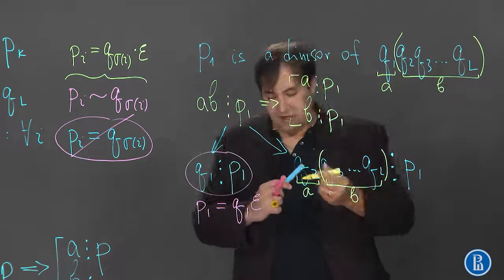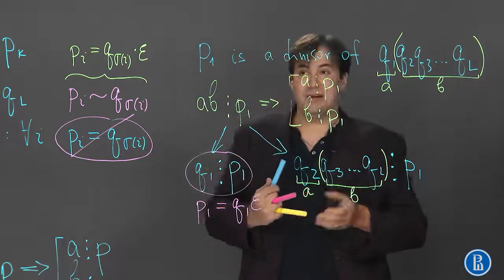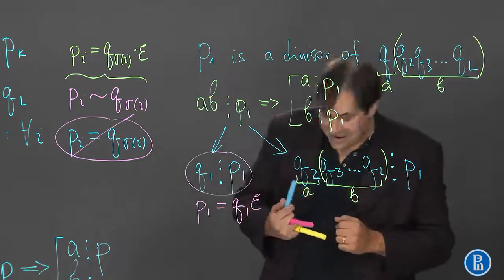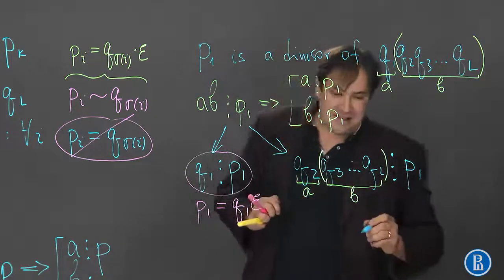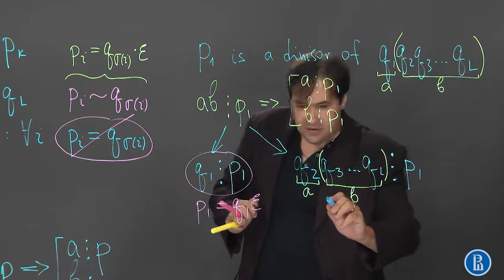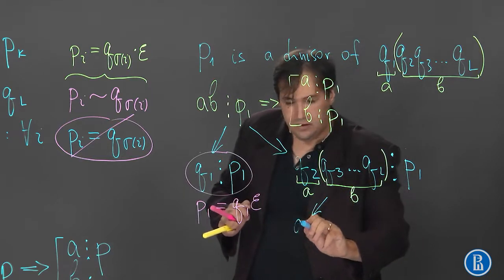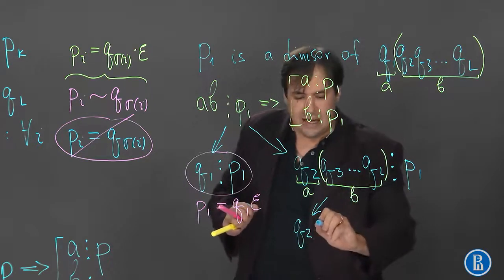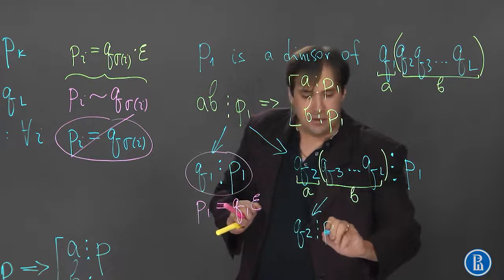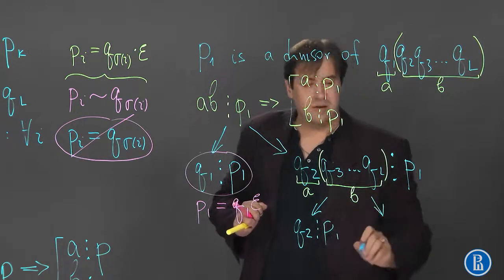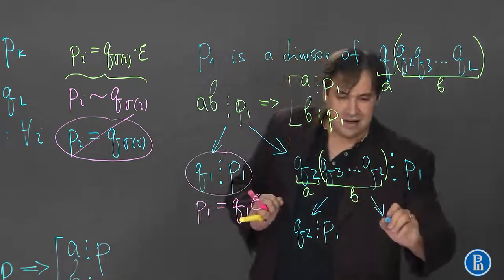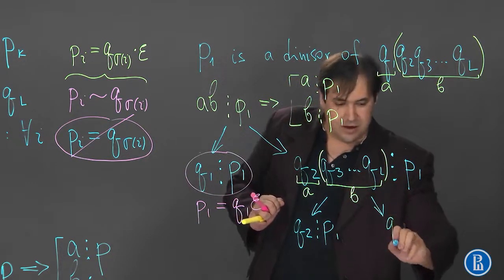Okay, so we understand that since P1 is still prime, it means that either Q2 is divisible by P1 or the product of these elements is divisible by P1.